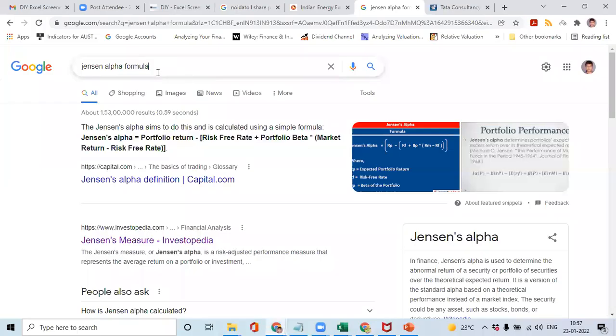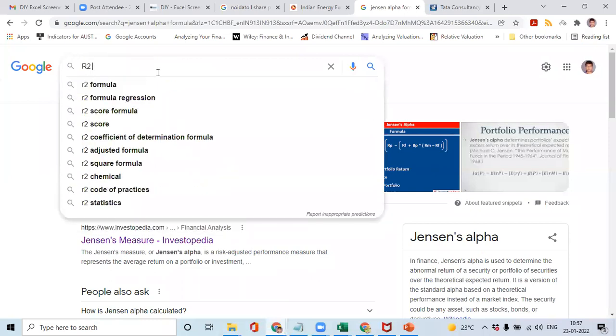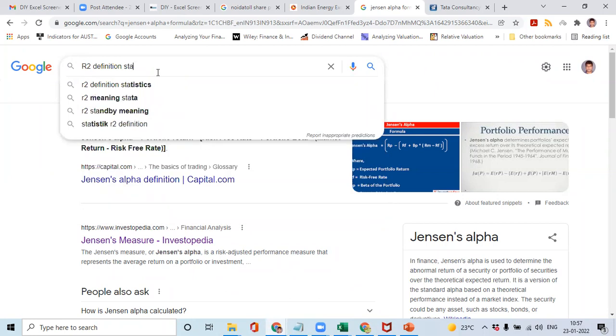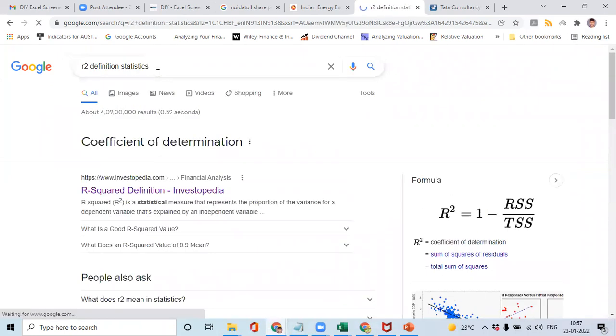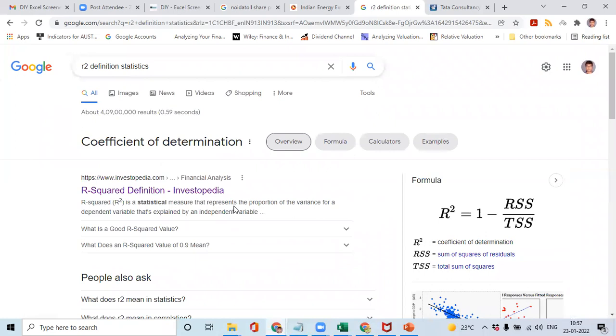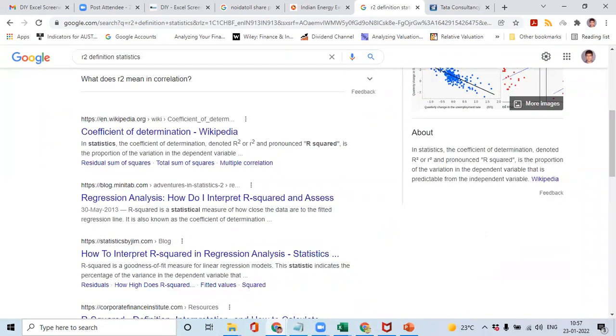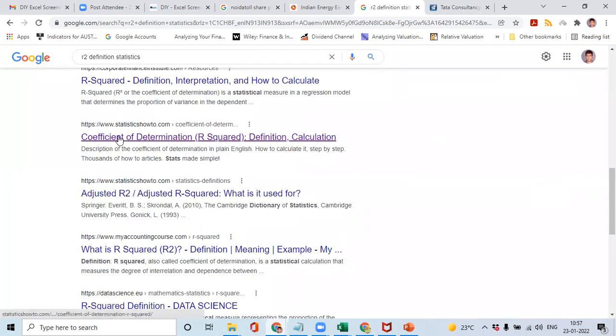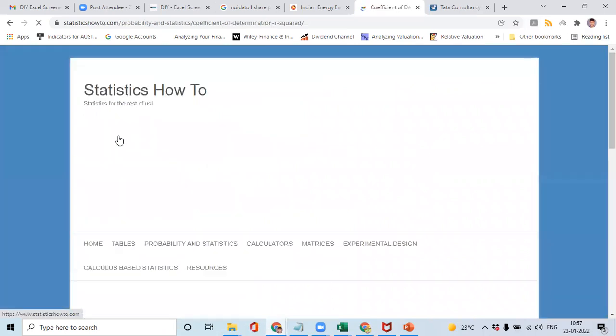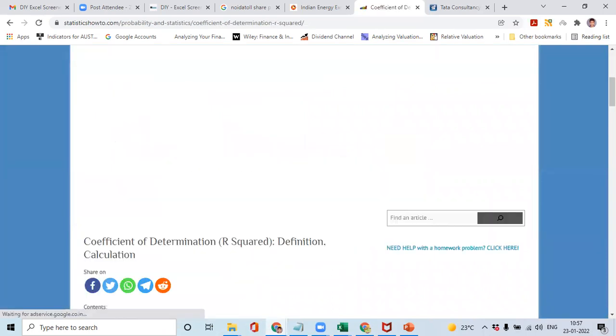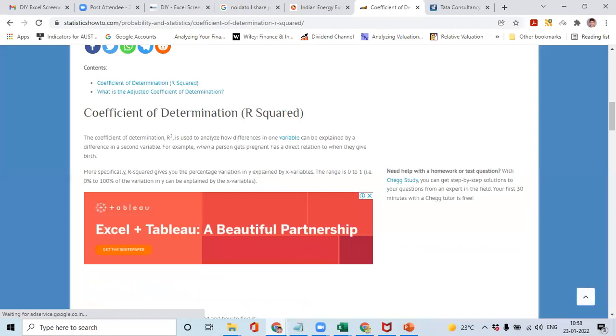You can read the R2 definition in statistics. R squared is a measure that represents blah blah and everything, right? It is to analyze how the difference in one variable can be explained by the difference in the second variable, right?